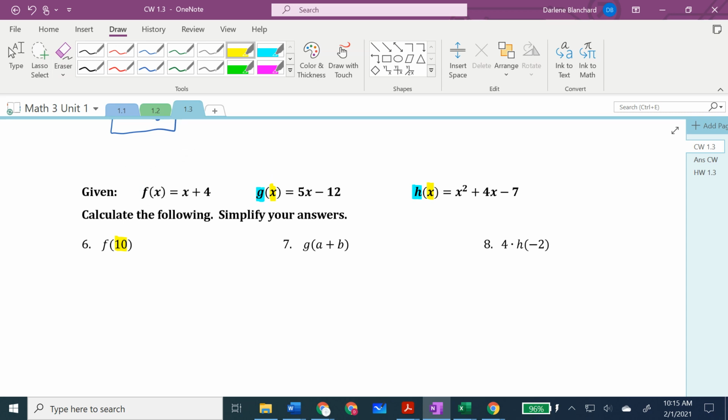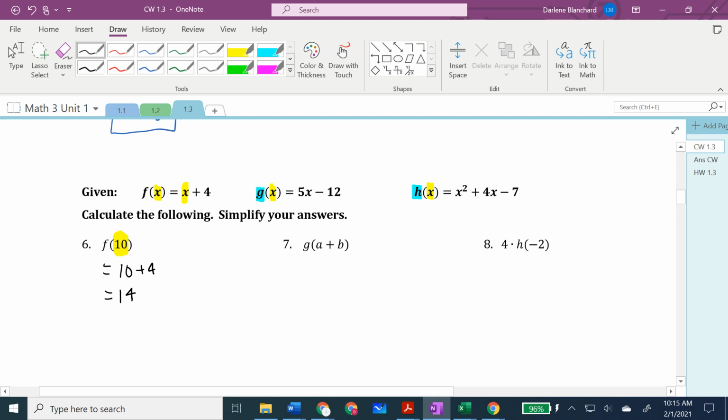When you read these, you literally just need to find the function with that name and replace whatever is here into its x. And that is all you are expected to do.